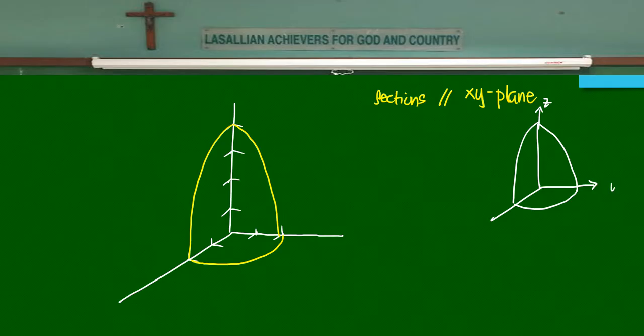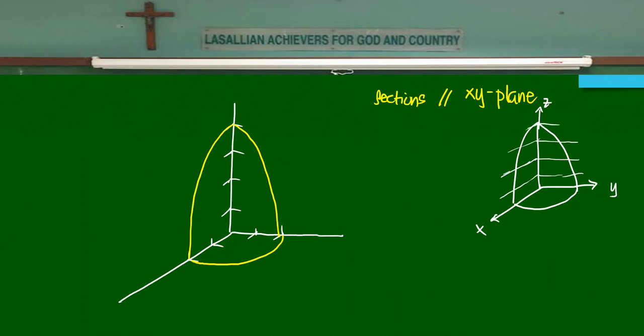So this is the y. This is the x. If I move along the z direction, let's say I move 1 unit for z. This is 1 unit. 2 units for z, that's the second unit. 3 units, and this is the fourth.